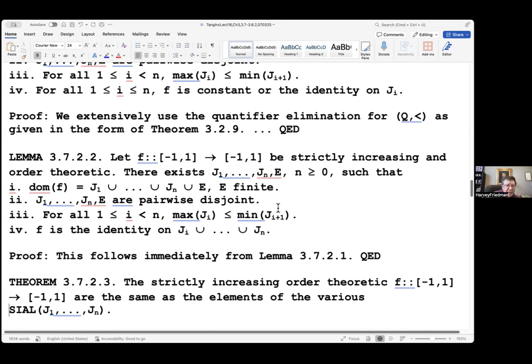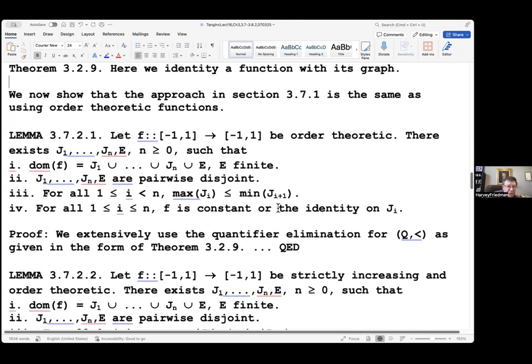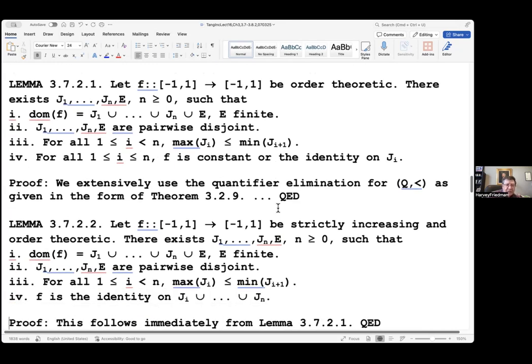Now, when I wrote it before, did I just repeat this? Let's see. No. This is a general characterization when it's purely order theoretic. This is a characterization of all order theoretic functions, even if they are not strictly increasing.